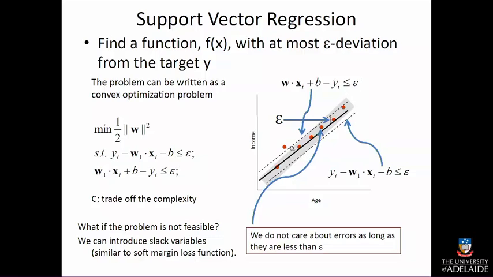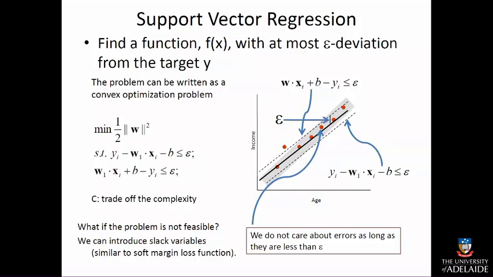The idea is that data points that are in the margin, in this region, will not incur any loss, any penalty. We just assume the error is 0. Only those data points that are outside of this margin will incur a penalty, a loss.